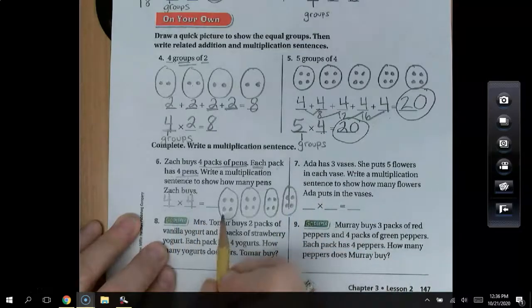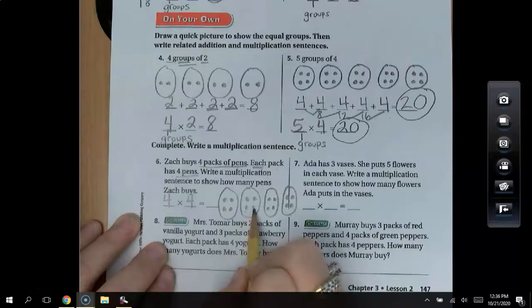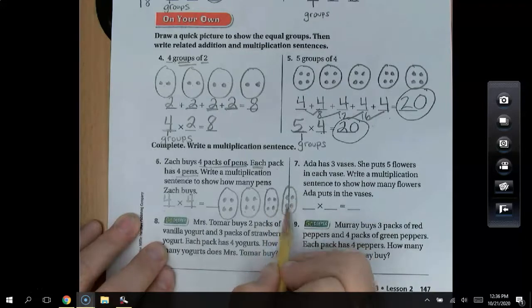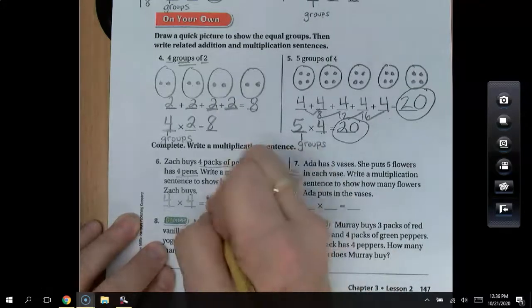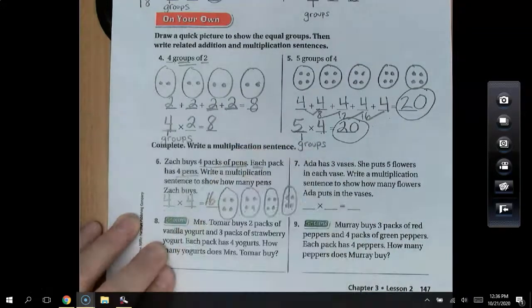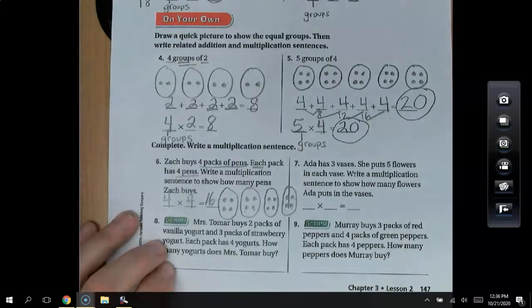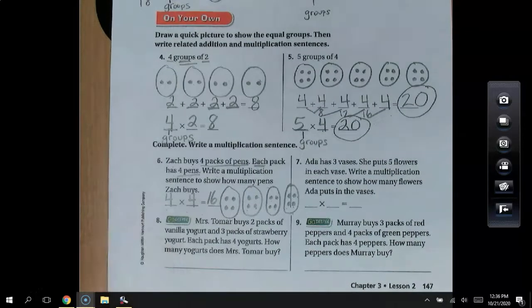But to make things simple, let's just go ahead and count our dots. 1, 2, 3, 4, 5, 6, 7, 8, 9, 10, 11, 12, 13, 14, 15, 16. So 16 is your answer. So how many pens does that buy?